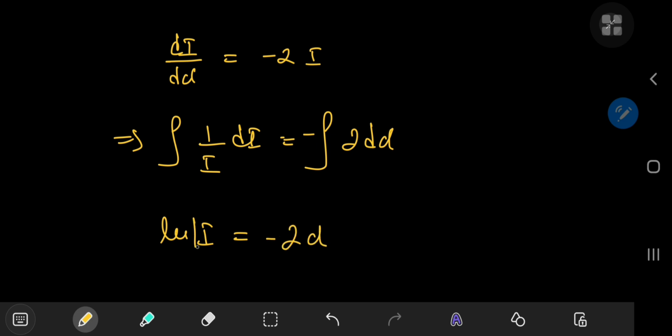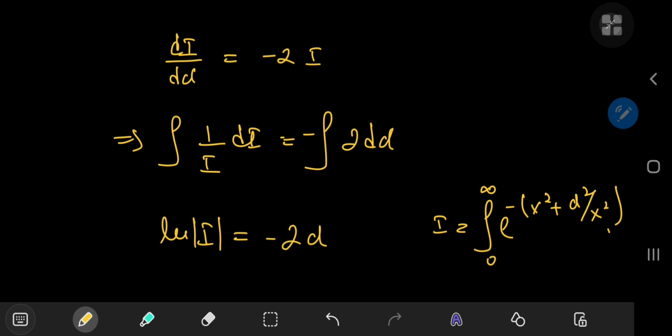And I know you might be thinking that we need an absolute value sign over here, but remember, the integral I was defined as the integral from 0 to infinity, so that's the positive half of the real line, of e to the negative x squared plus alpha squared by x squared dx. So we're integrating a strictly positive function here. So yeah, there is no problem here with omitting the absolute value sign.